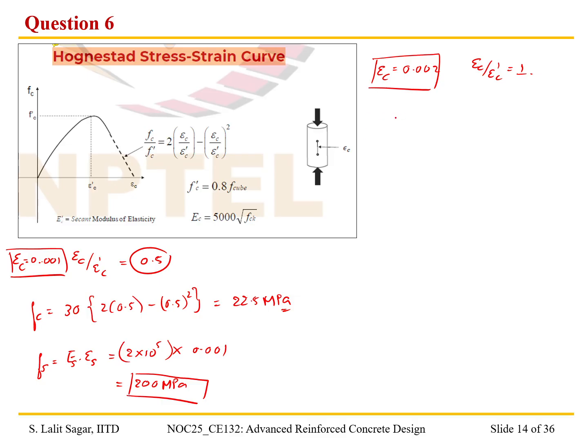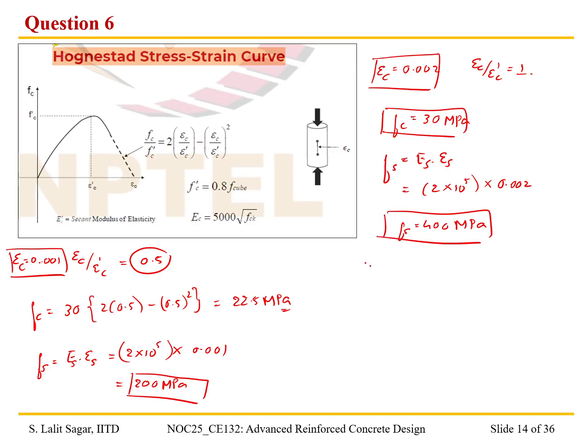As we have discussed earlier, Fc becomes 30 MPa and Fs is equal to Es into epsilon s, that is 2 into 10 to the power 5 into 0.002. So Fs is equal to 400 MPa.